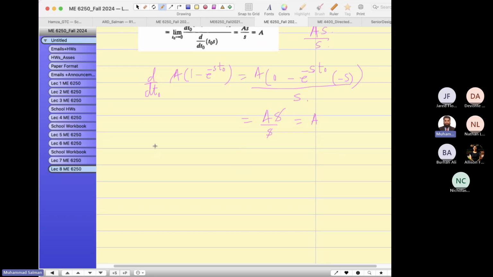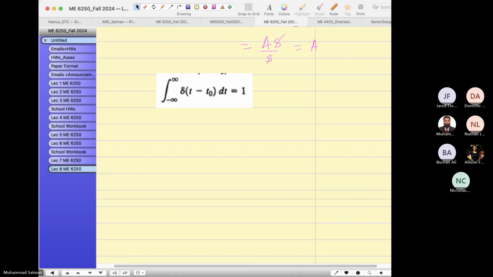Now if the magnitude is not a, a different scalar, you will see the impulse can be shown as such; for unity it will be 1.